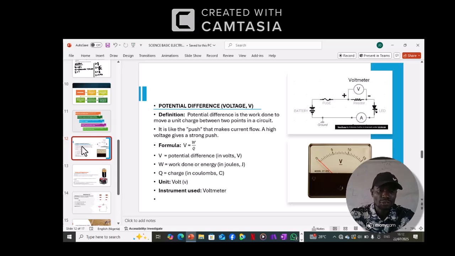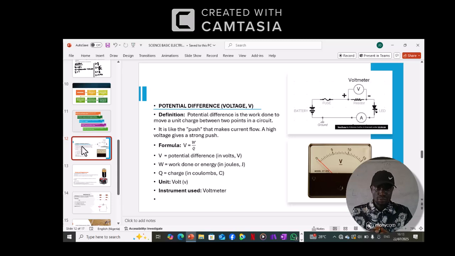So if voltage is high, current will be high. You understand? So voltage is like a push. It's a pressure that we exert on the electrons, and the electrons start moving. It is that pressure that determines how fast the charges are going to move. It determines the rate of flow.